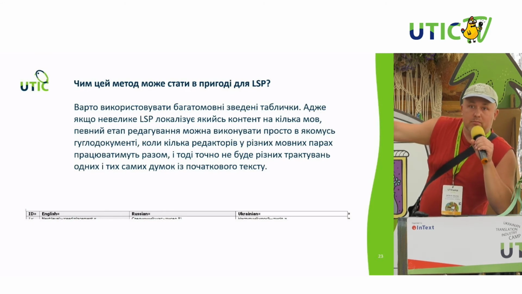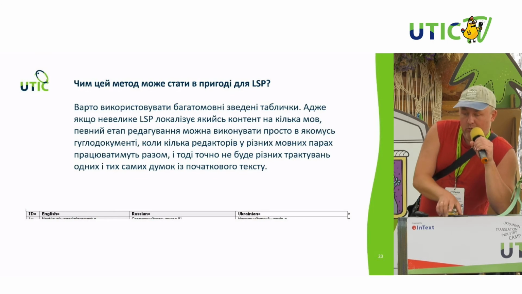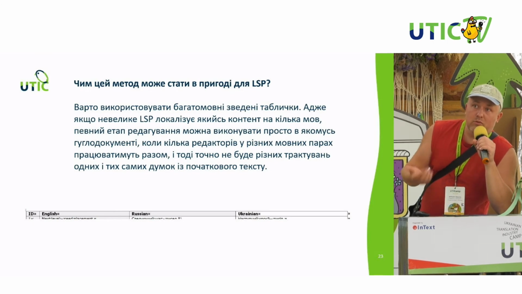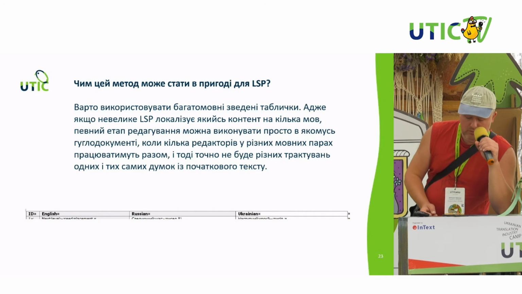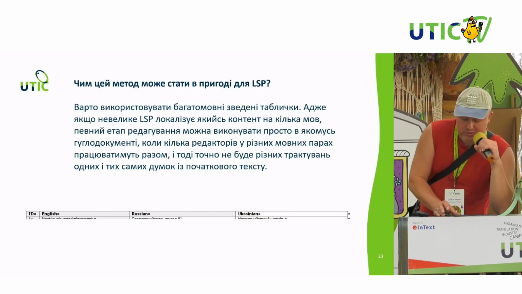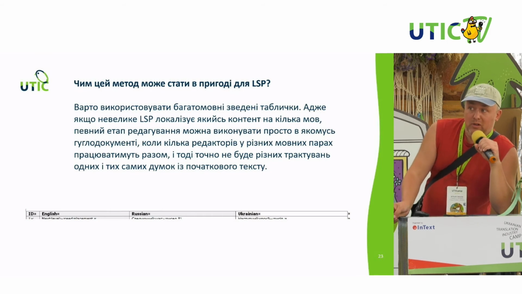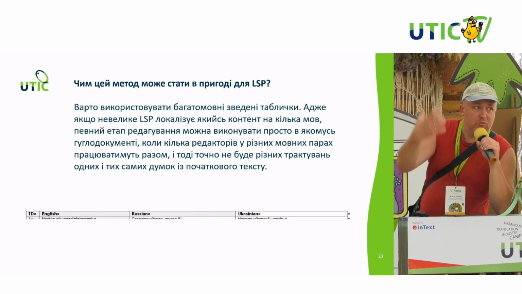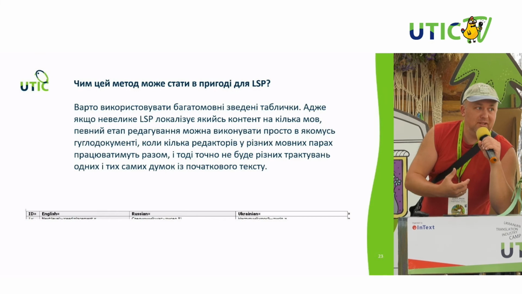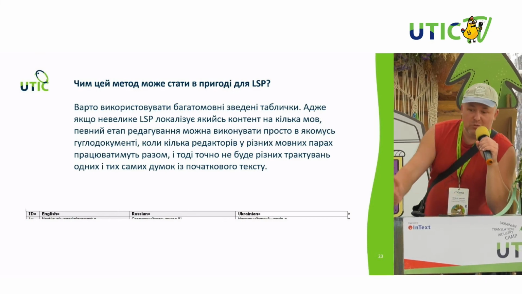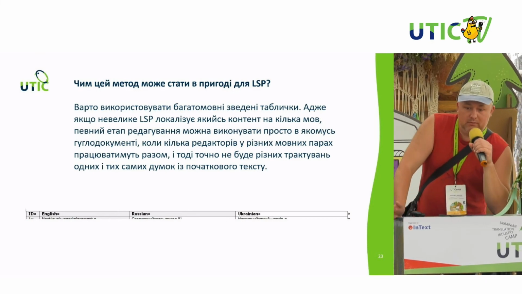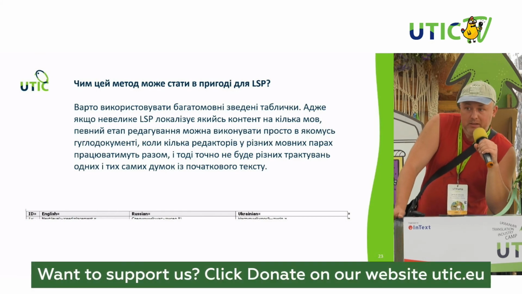You could create such a Google document with English, Russian, Polish, or any other languages that you need, and then several editors could work on this Google document. Each of the editors just uploads the necessary working language pair, and approves or rejects necessary changes and amendments.